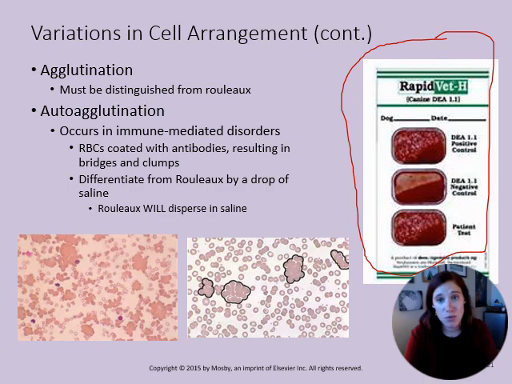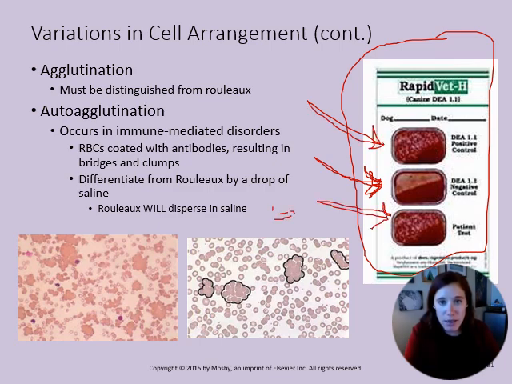It really is a drop of red blood cells and a drop of saline, and you look to see: is it smooth, like a red liquid that all comes together, or did it disperse and become speckled? Agglutination, we don't want to see that, because that tells us what the body is doing. What are our red blood cells doing? It's different from rouleau. So, agglutination and rouleau.